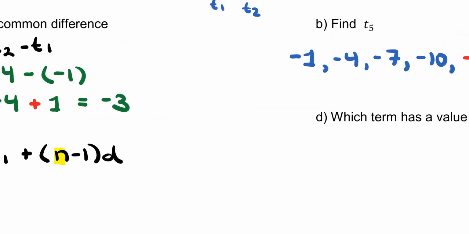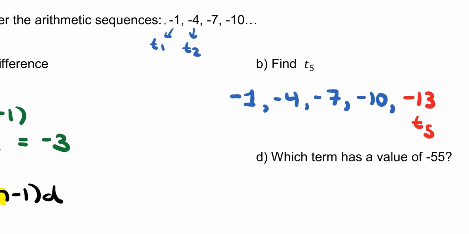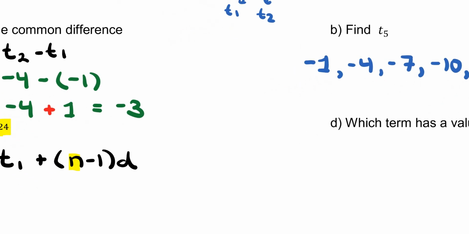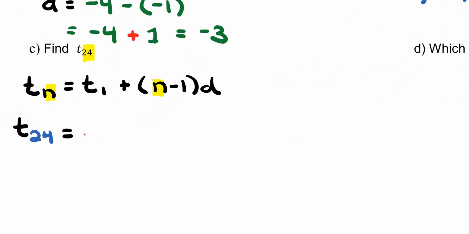Now if I go back to my sequence here, my first term, we've identified that to be negative 1, right? So your first term is always essential, so I'll write my negative 1 here, plus. Now, since this is 24, that means your n value has to be 24. So 24 minus the 1, and my common difference is going to be negative 3.